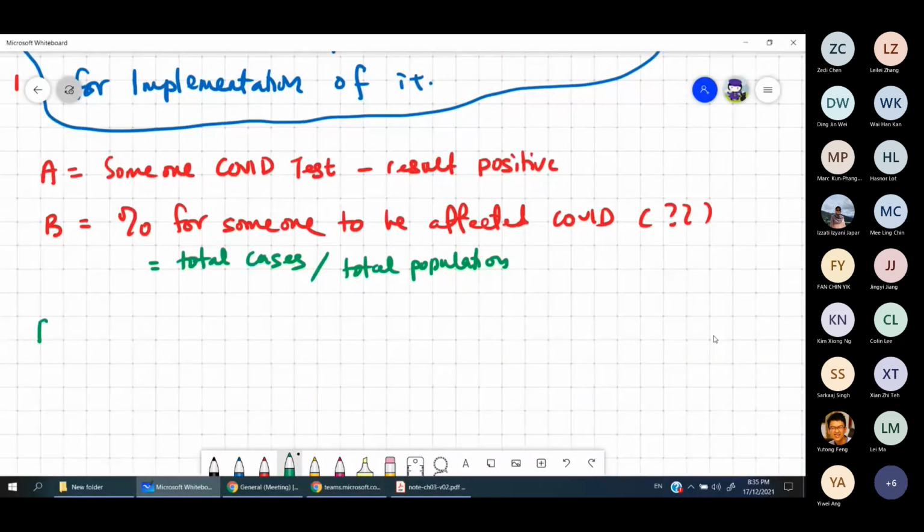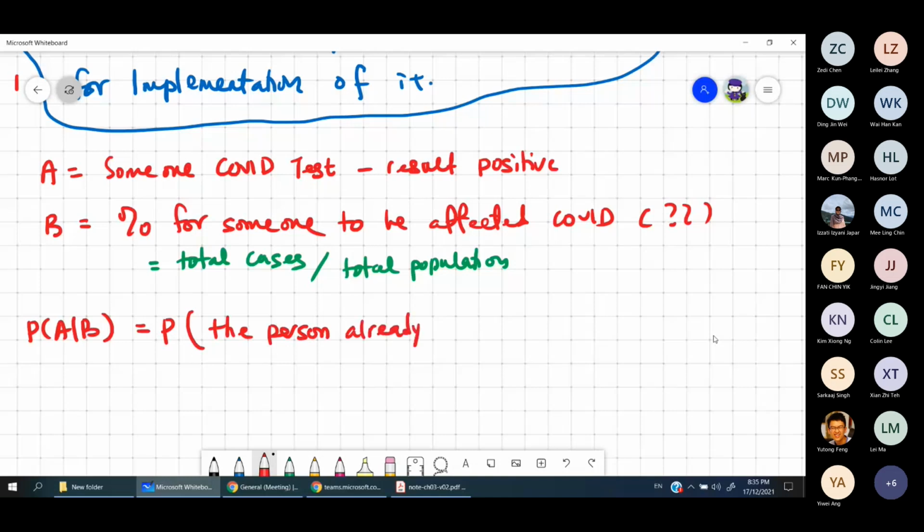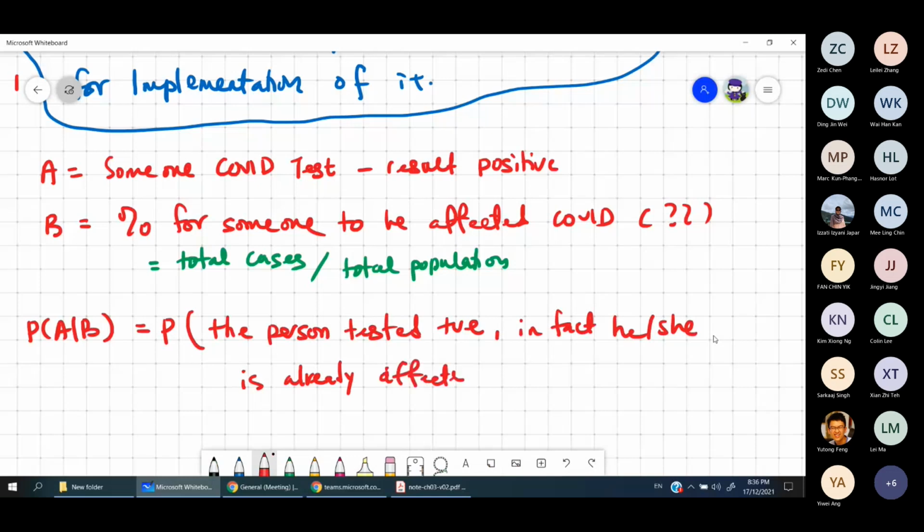This is someone tested, so that means this is the probability for the person who is already affected by COVID, confirmed, and tested positive.